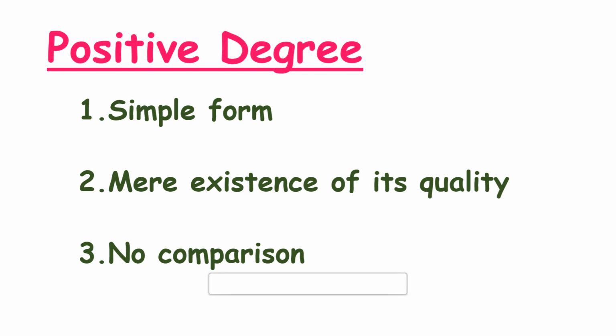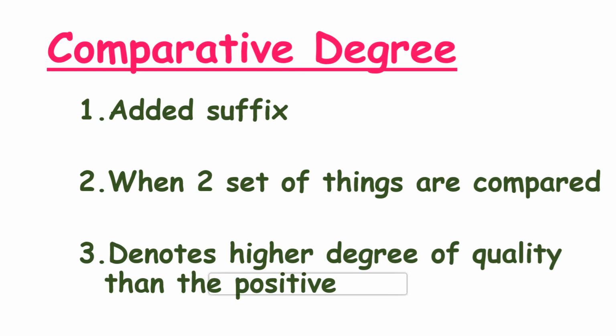Then comes the comparative degree. The comparative degree of an adjective denotes a higher degree of quality than the positive and is used when two things or two sets of things are compared. So here you need to understand that suffixes are added. Generally in the comparative degree we add er, and in the superlative est. So these suffixes, but it can change also as per the condition.